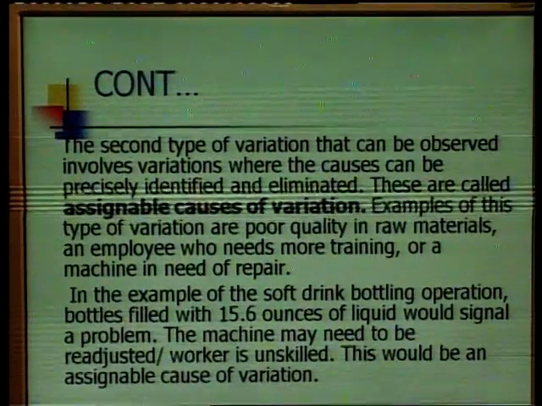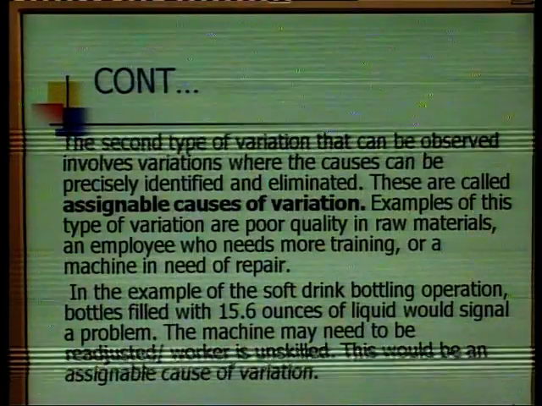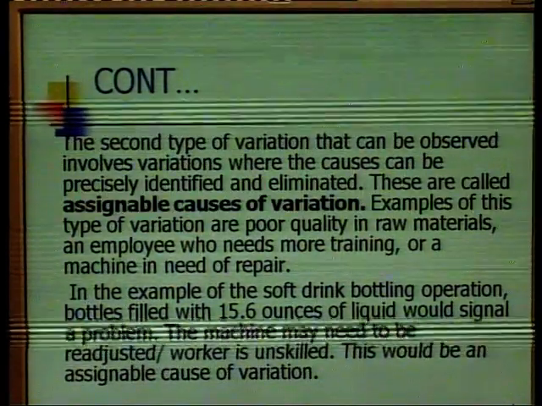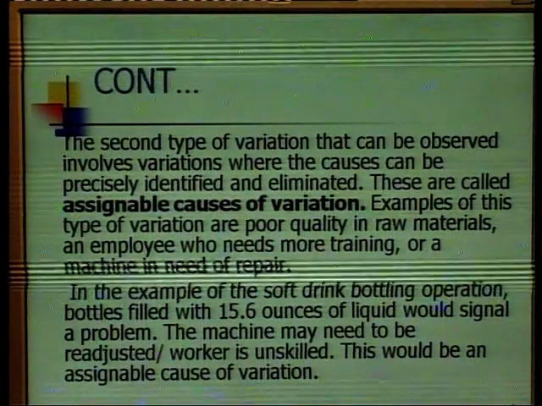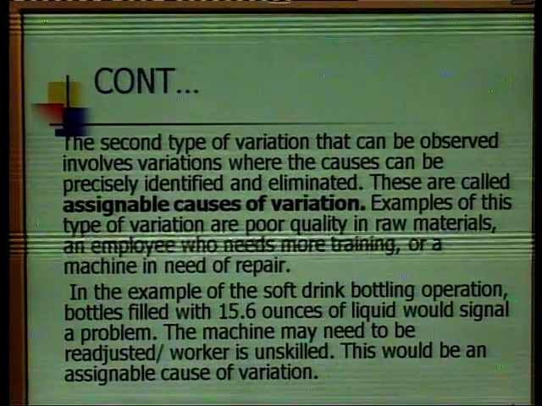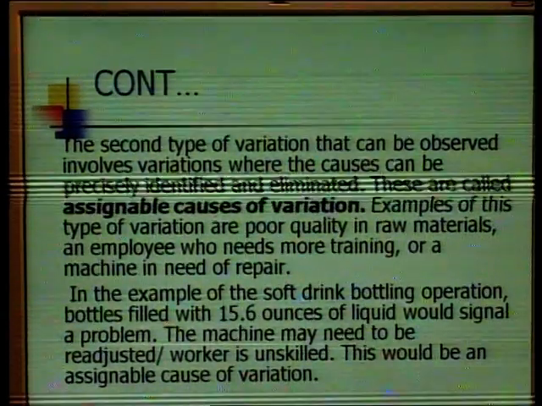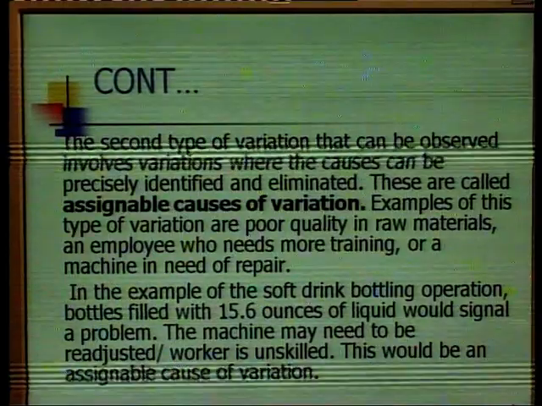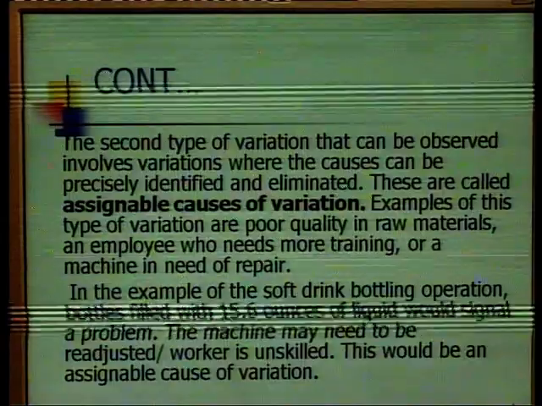Now, the second one is the assignable cause. The second type of variation that can be observed involves variations where the causes can be precisely identified and eliminated. These are called assignable causes of variation, meaning we can identify them and we can also eliminate them.